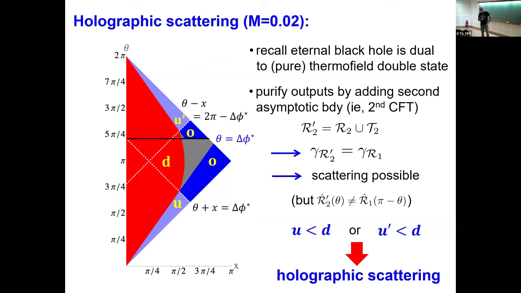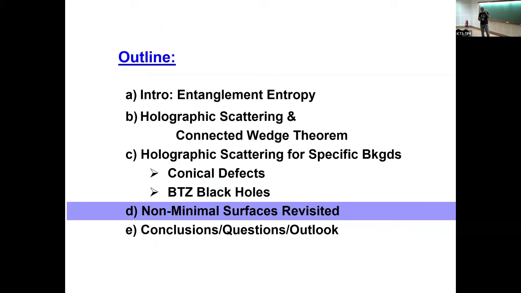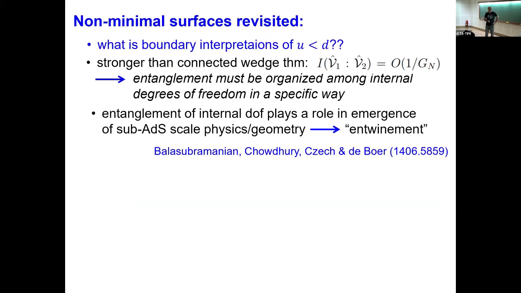It's really those two that control whether or not there's holographic scattering, even though in some of these regions it's really the O that is telling us about the entanglement entropy. And so what we found is that there is a connection between holographic scattering and some set of non-minimal RT surfaces. And so let's think about those and what this is really trying to tell us.